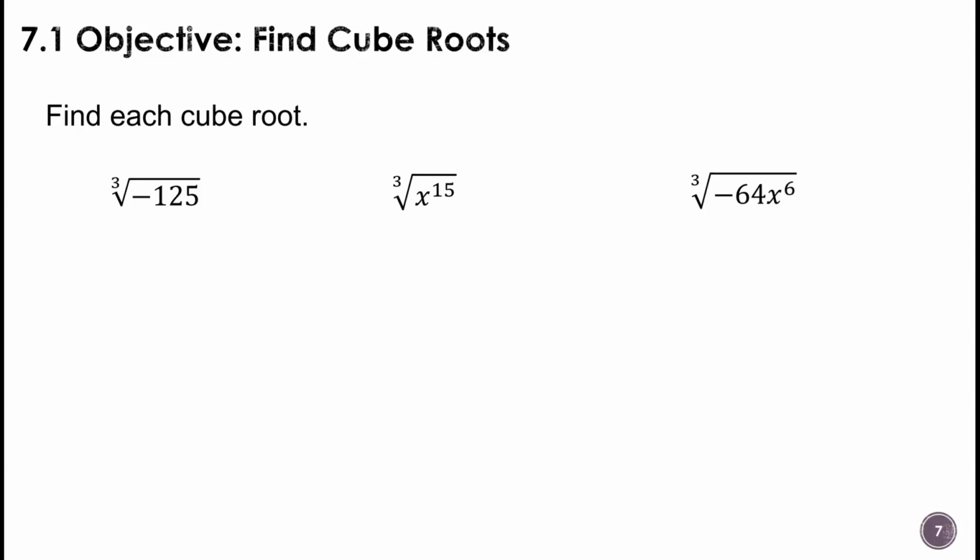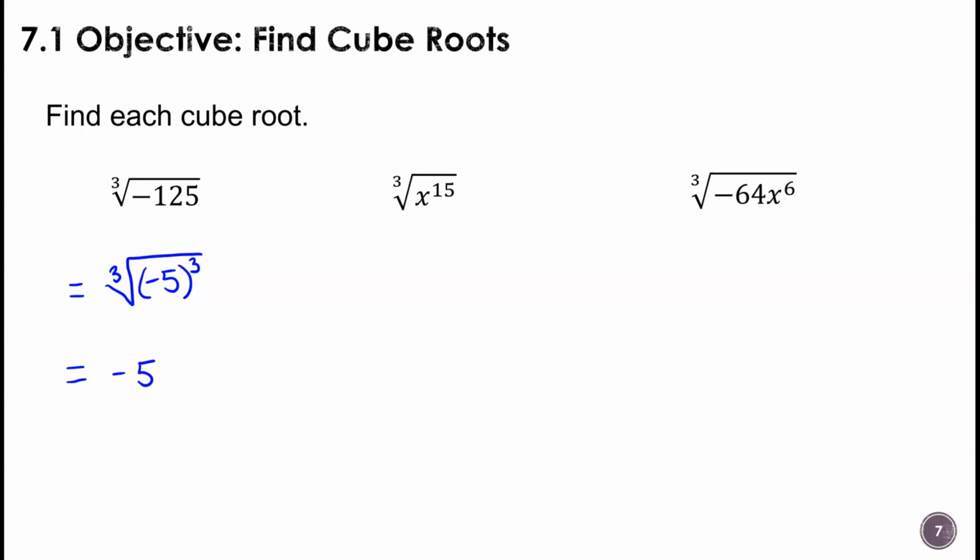And so look at this one. We're going to take the cube root. And so 125 is 5 to the third power. So negative 125 is negative 5 to the third power. This root is negative 5. On the next one, we're going to kind of use that same technique that we use for the square root.